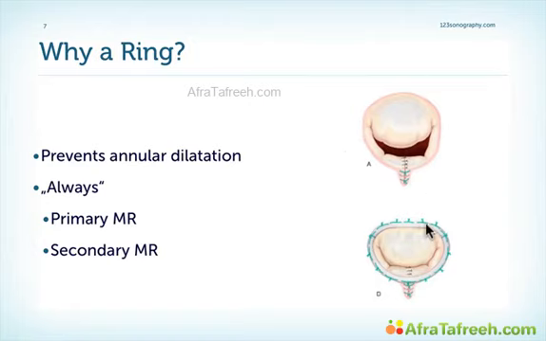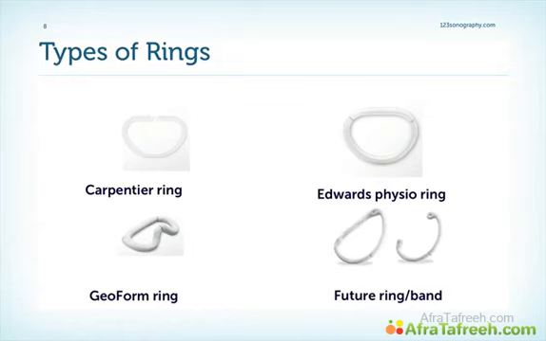To prevent that, a ring is inserted, and therefore the valve orifice area stays the same, and we do not have secondary regurgitation caused by annular dilatation. So, in other words, a ring is implanted both in the setting of primary MR and secondary MR.